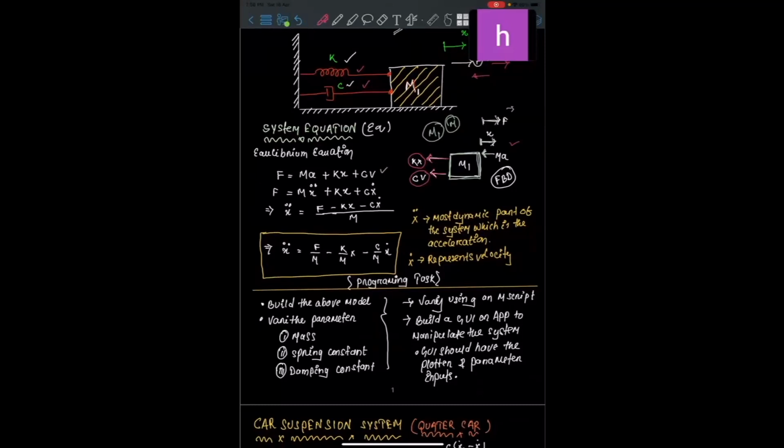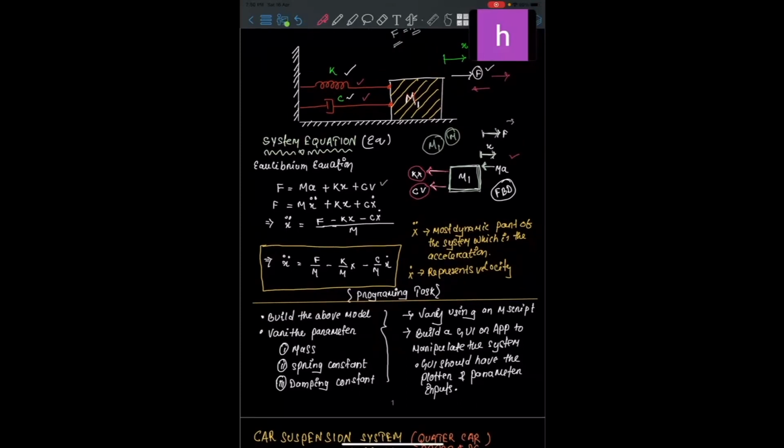Now coming to the system equation, when it comes to the balancing part, the force F is equal to the mass into acceleration, which is producing the acceleration.